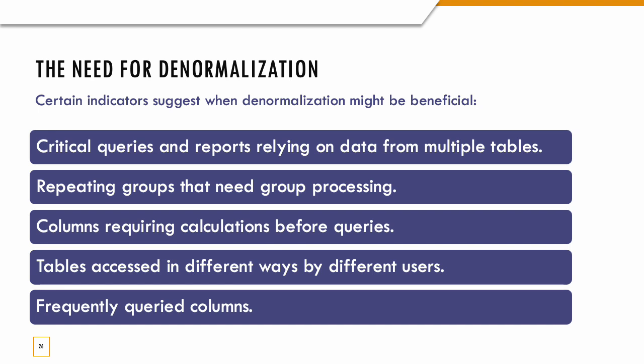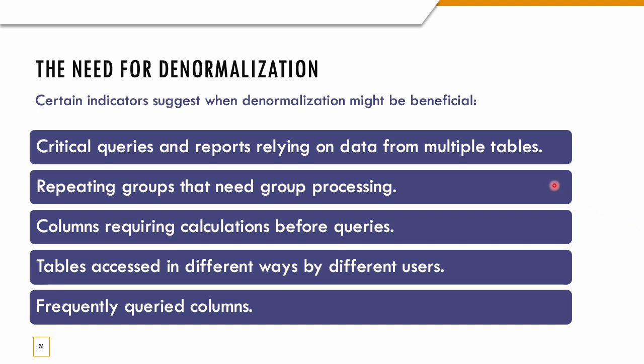Denormalization can be beneficial when certain indicators are present, such as when it might improve the performance or simplify data handling. So the key indicators include critical queries and reports relying on data from multiple tables. When important queries require frequent joins across several tables, denormalization can improve the performance by reducing the number of joins needed.